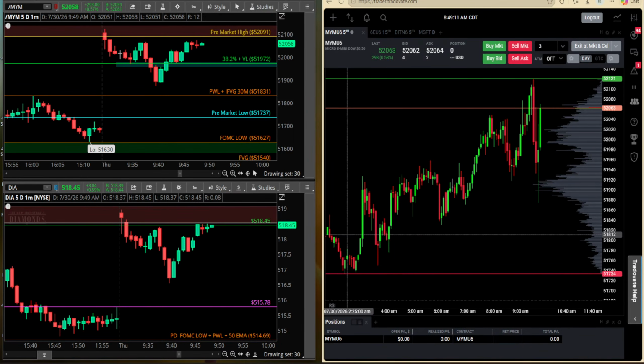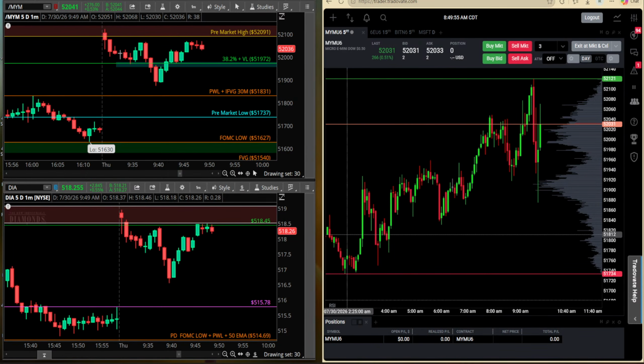Forecast was 0.2, previous was 0.3, so 0.1 is pretty bad. And the advanced GDP price index was 6.2. So there's no news at 10.